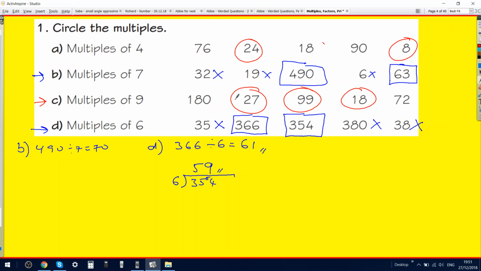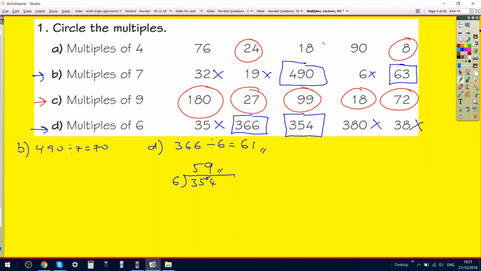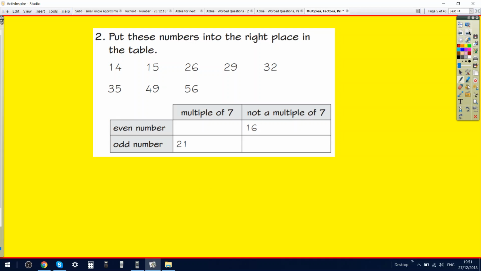No, actually, wait. Yeah, it is. If it's 9 times 2 for 18, then it's 9 times 20 for 180. And 72, I think that is one. 9 times 8 is 72. Yeah, so they all are.